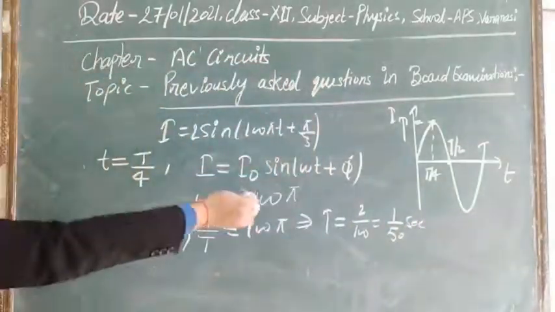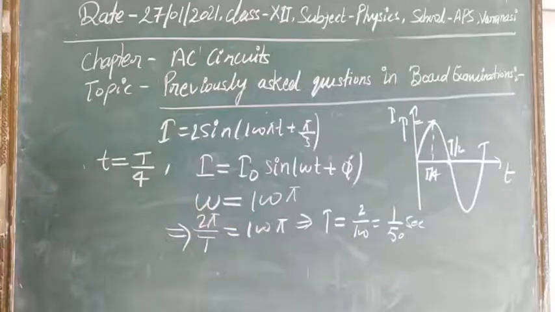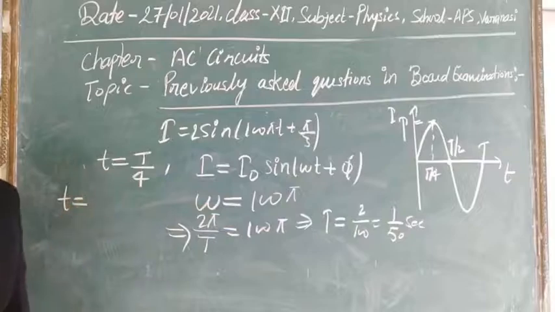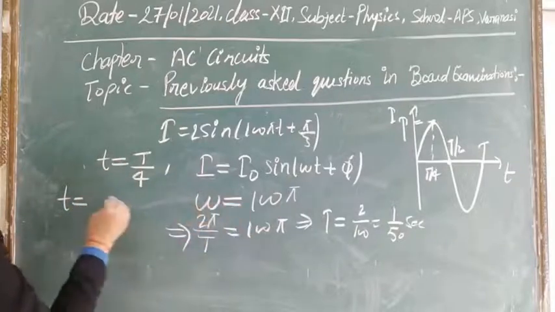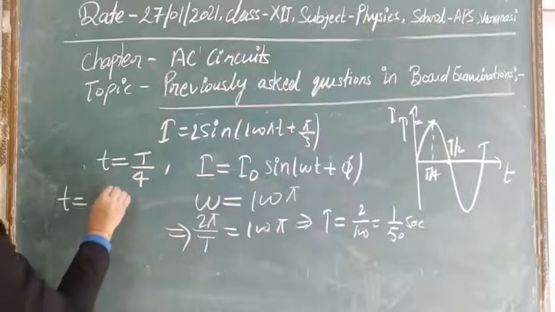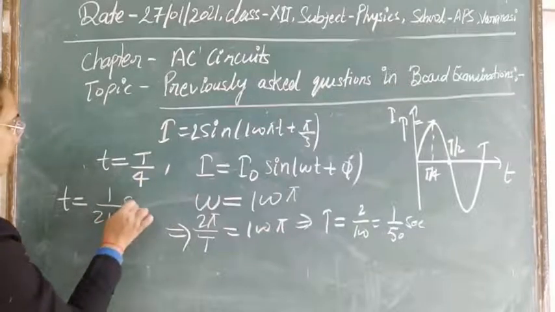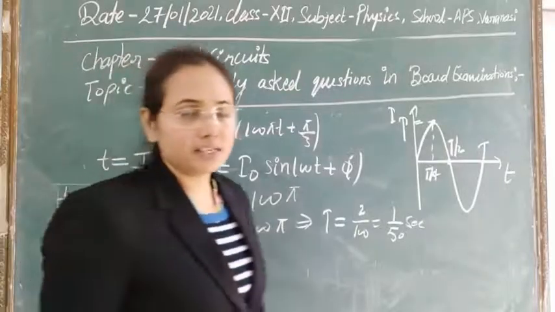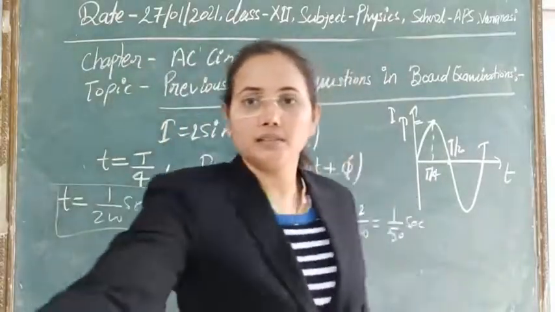Now that we have calculated T, we can find at which time the current is first maximum. This will be maximum at T by 4, so T is 1 by 50 upon 4. If we solve, this is equal to 1 by 200 seconds. So at this time the current will be maximum for the first time.